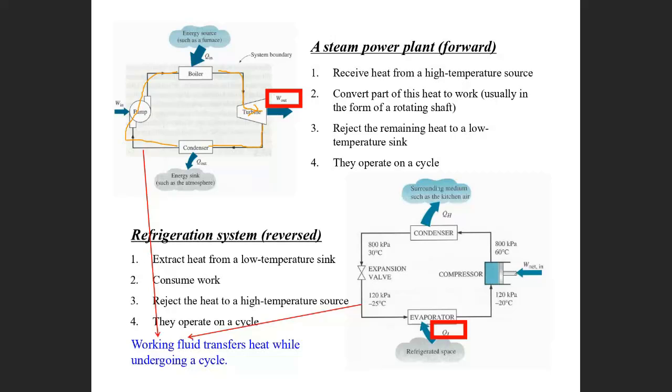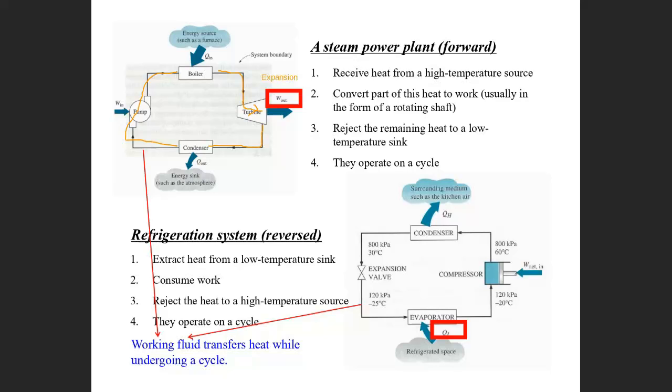If there is an expansion process, there is a work output. The work is by a rotating shaft, mechanical energy power, and if connected to a power generator, it can generate electricity. So we will learn together.